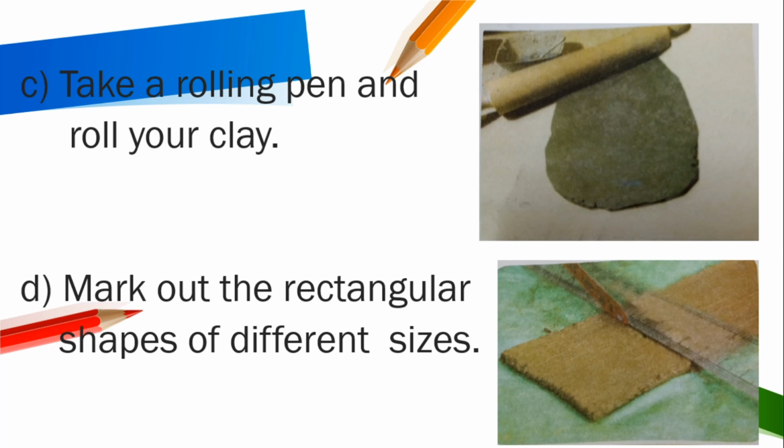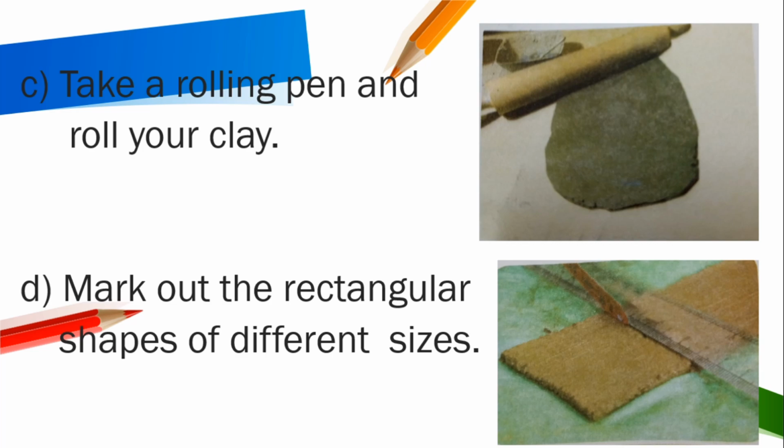Then D, what is it saying? Mark out the rectangular shapes of different sizes. Some are reading very slow, others very fast. So you mark out the rectangular shapes of different sizes. What are you using to mark?